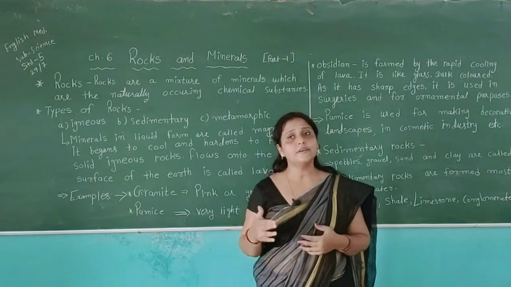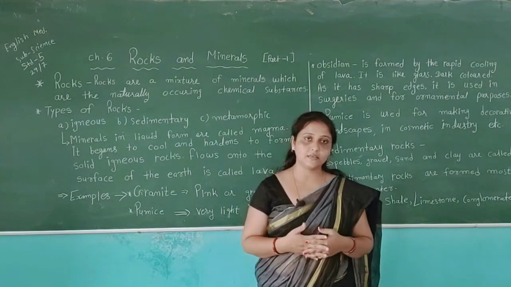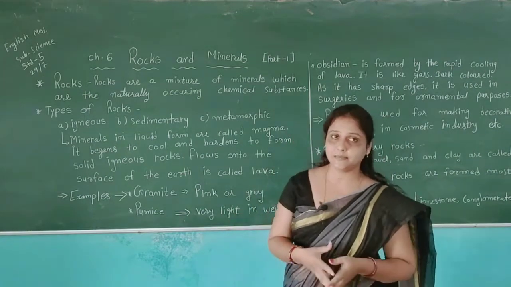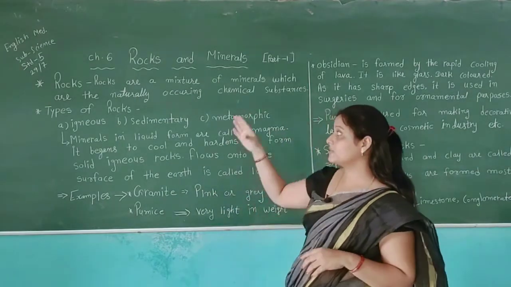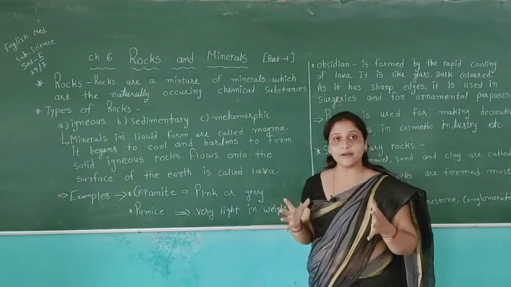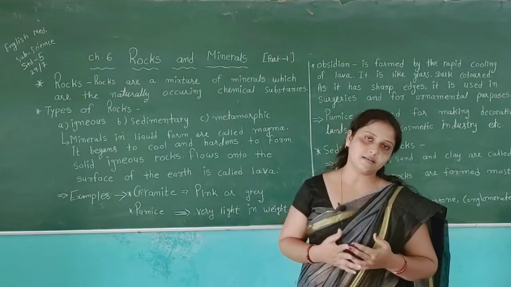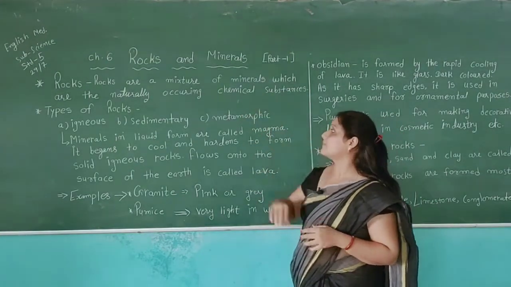We have seen how mountains are created, and the different chemical substances we can get from different mountains. Rocks are a mixture of minerals which are naturally occurring chemical substances.